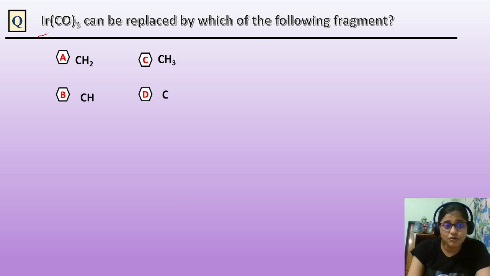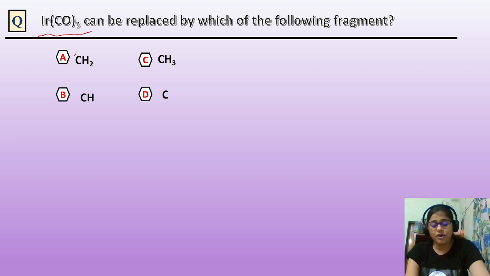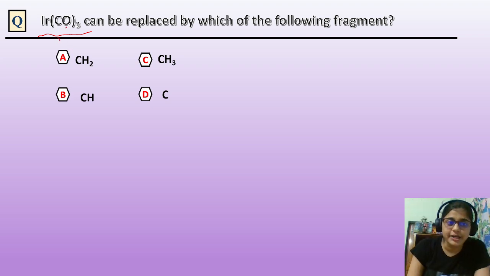Actually, these isolobal cases or isolobal fragments, as they are of the same symmetry and having the same electrons, the same energy, almost the same energy, can actually be replaced with each other. Okay, isolobal fragments can be replaced by one another. Fine. So we just have to find out the isolobal pair.